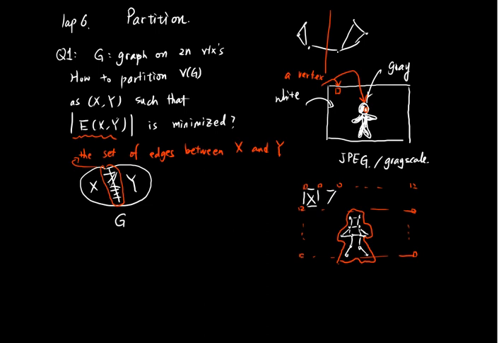But meanwhile, we want to make X and Y balanced, such that X and Y have the same size and the number of edges in between is minimized. So for example, well, I don't have a good example, but let's try this one.